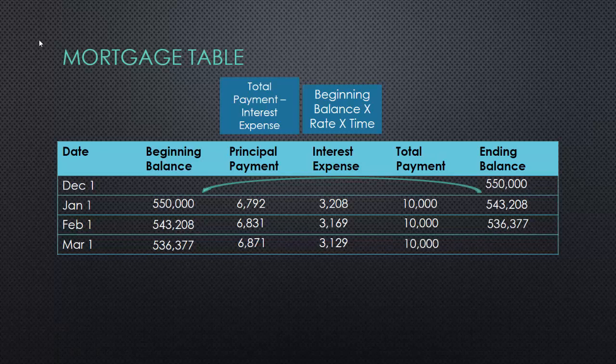And to get to our ending balance, we take our beginning balance minus our principal payment for the period. $536,377 minus $6,871 of principal payment is going to leave us with $529,506 that is due at the end of March.